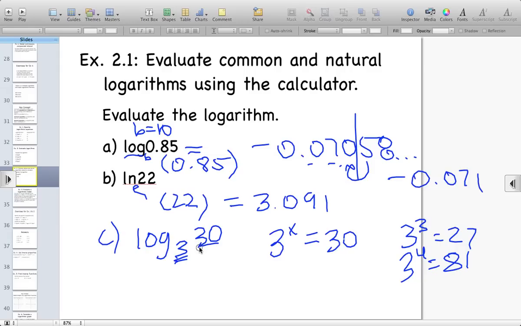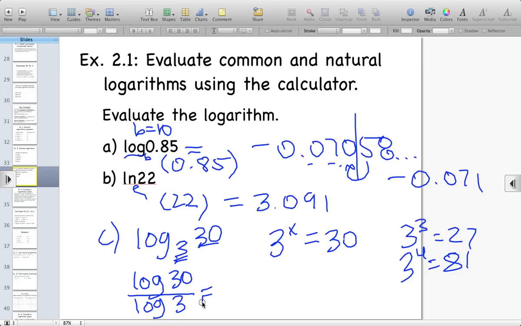We've been calling this y, but some resources call it a. So if you take the log of 30 and divide it by the log of 3, that will give you your answer.